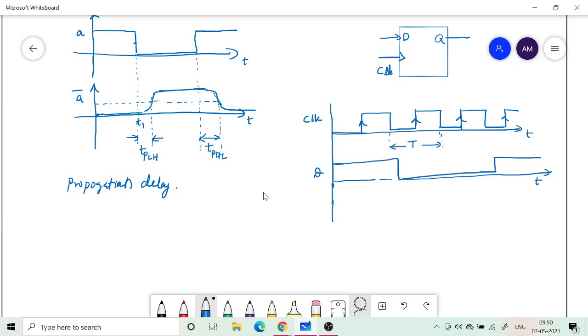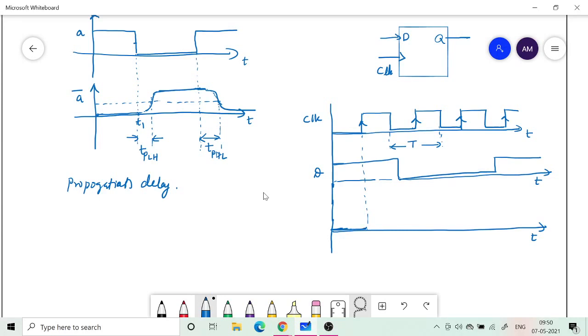Now the output, which is Q here. We know the operation of the D flip-flop. All that it does is, during the active edge of the clock, suppose the output is 0 and the input is 1, it will change to 1.